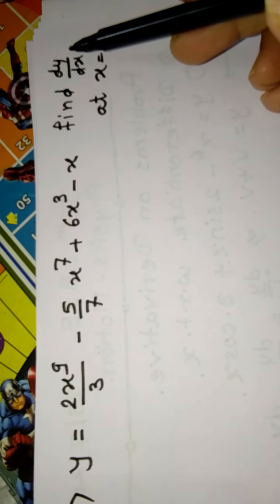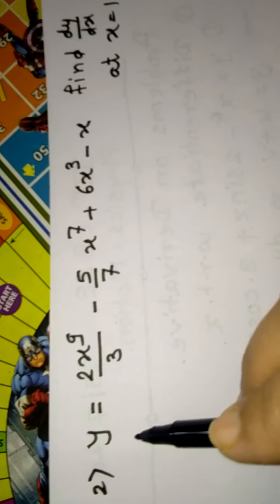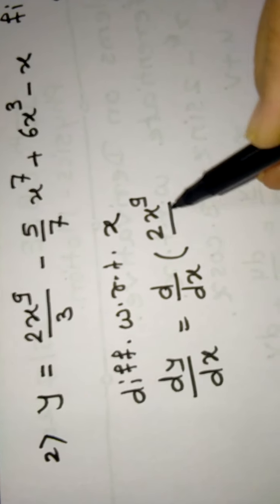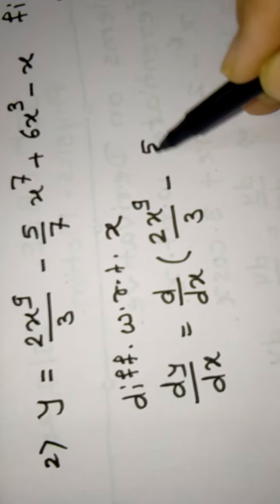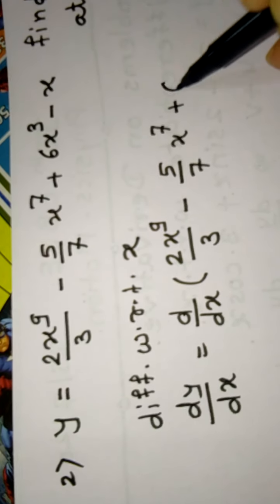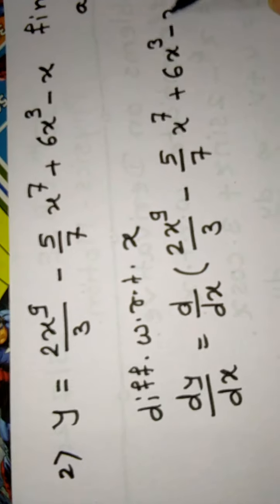First of all, we have to find dy by dx. y is equal to this. Differentiate with respect to x. The derivative dy by dx is equal to d by dx of 2 upon 3 x raised to 9 minus 5 upon 7 x raised to 7 plus 6x cube minus x.